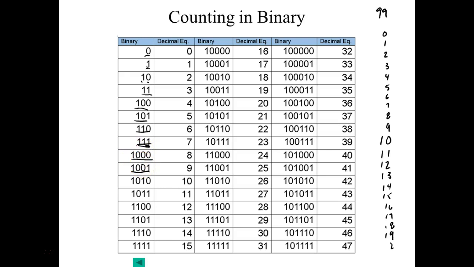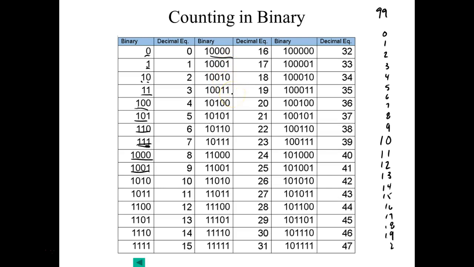Add another bit to the left and start all over. 9, 10, 11, 12, 13, 14, 15, 16. Run out of combinations. Add another bit and start over. 16, 17, 18, 19. I run out of combinations. Add another bit and start over, right?